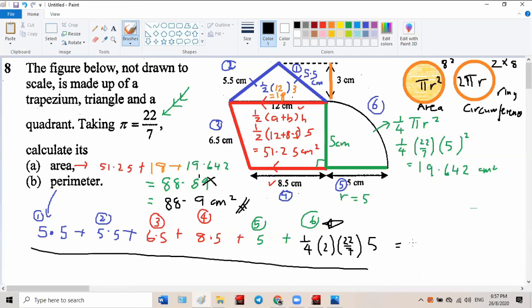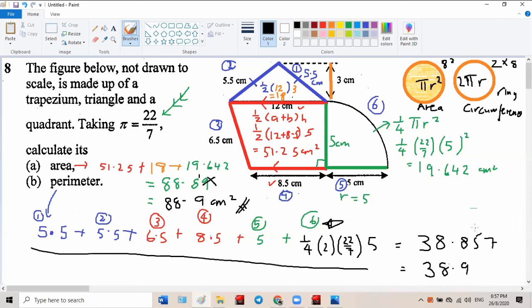What is it? 38.857. Do you agree or not? Okay, 3 significant figures? 38.9.